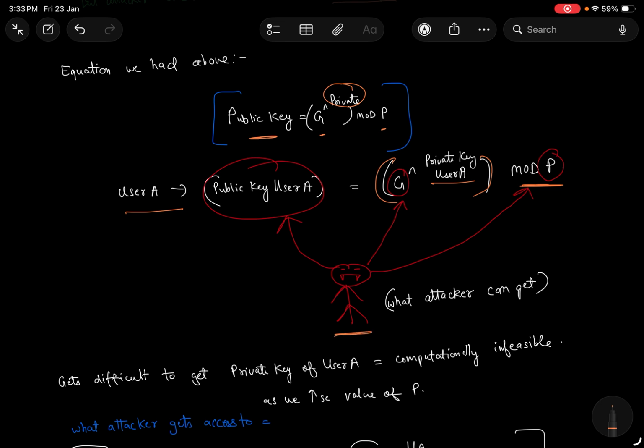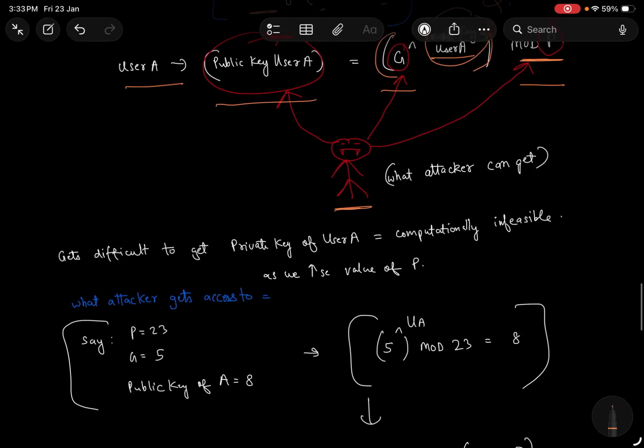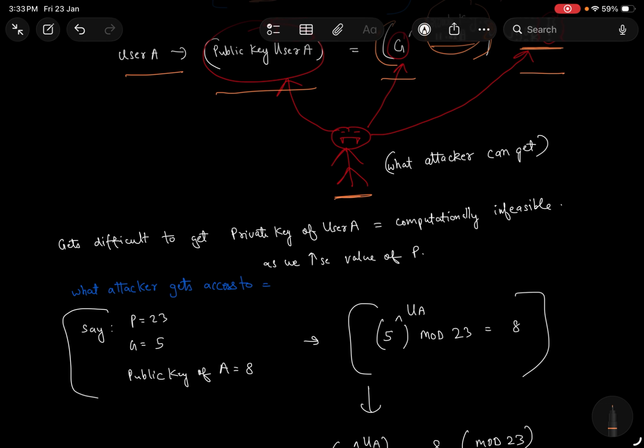What can the attacker see? The public key of user A, G, and P, and not the private key. They can't watch the private key of user A, as it was local to user A's device itself. Now this is where things get interesting and pretty difficult. Getting the private key of user A eventually becomes computationally infeasible for the attacker as we keep increasing the value of P.